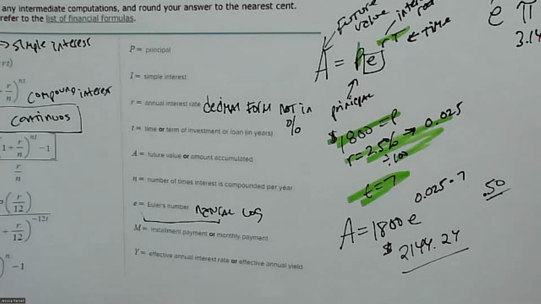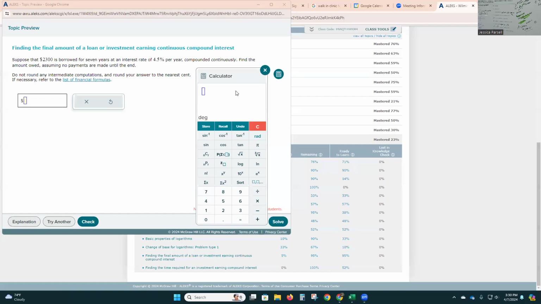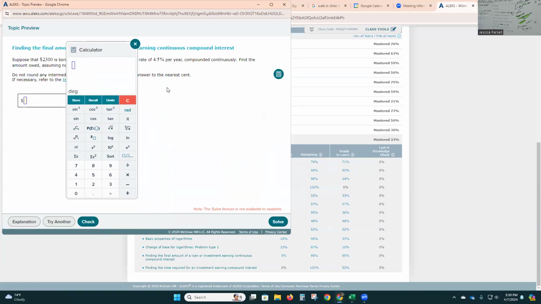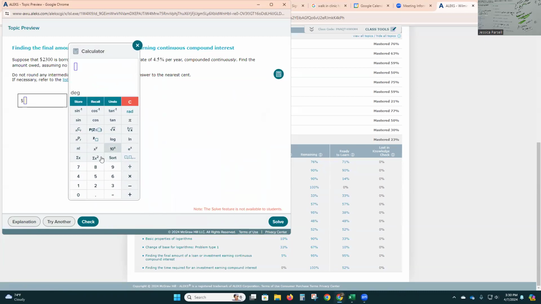So I'm going to go figure that out and I'll be right back. Okay, I figured it out. Let me show you. Share screen. Off we go. Okay, so here is the little calculator. So we have to take 1,800, multiply it times Euler, the little e, and it's here.